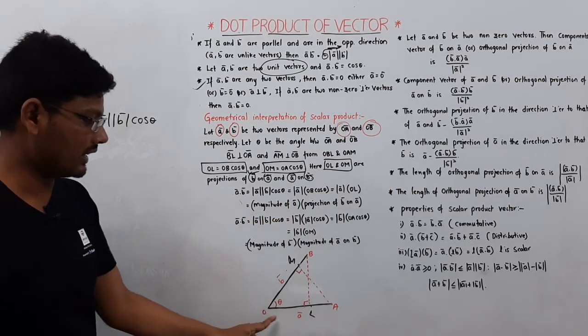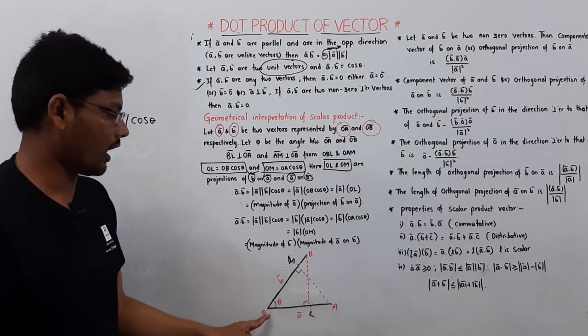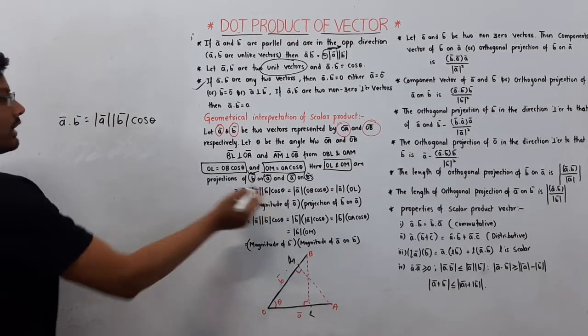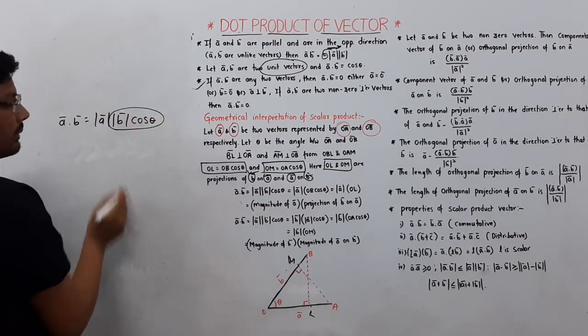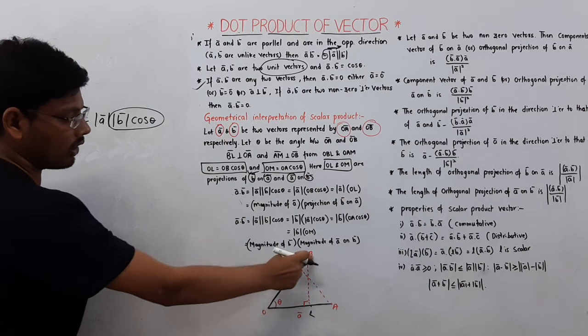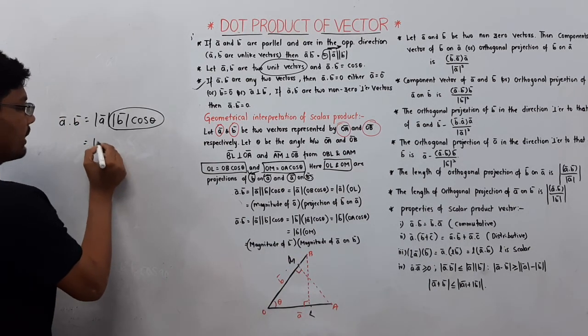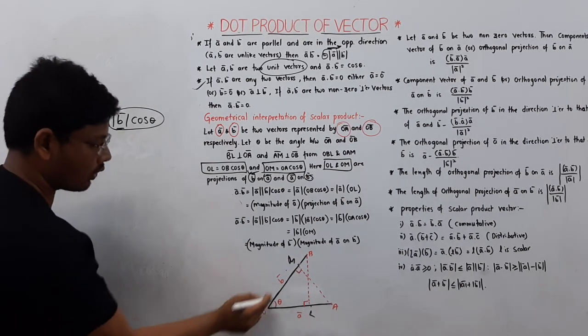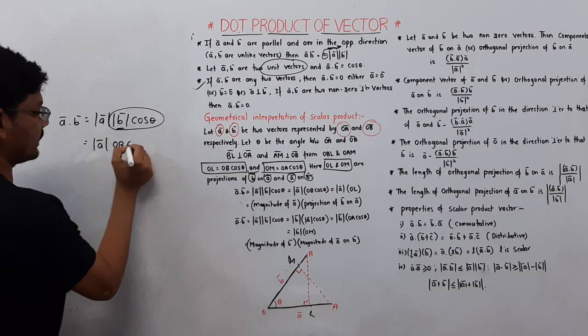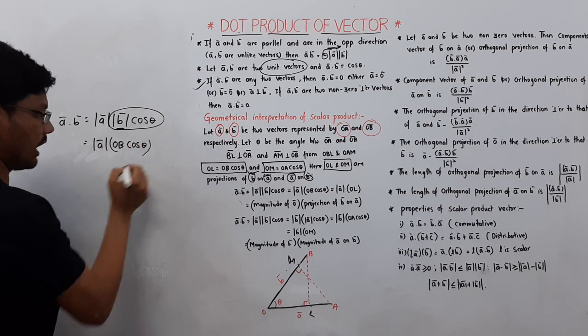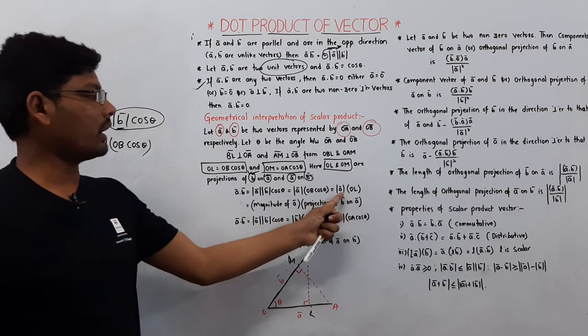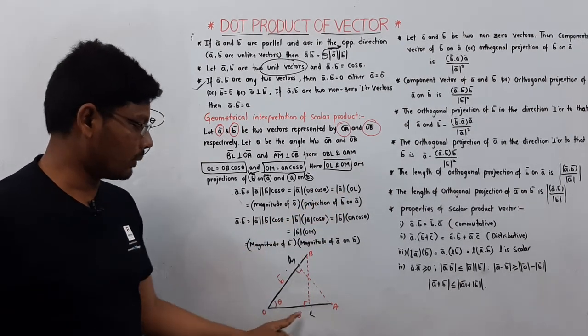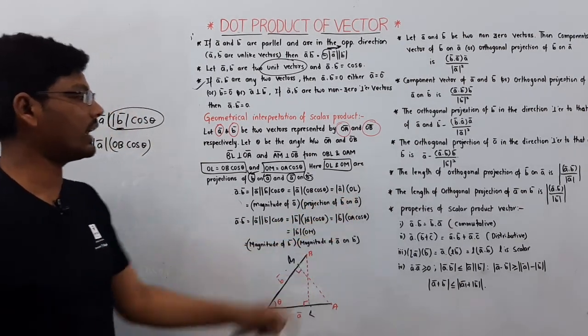A bar is already there, and OB cos theta I am taking in place of that one. I am writing A bar into OB cos theta in brackets. Now OB cos theta is nothing but the projection OL.